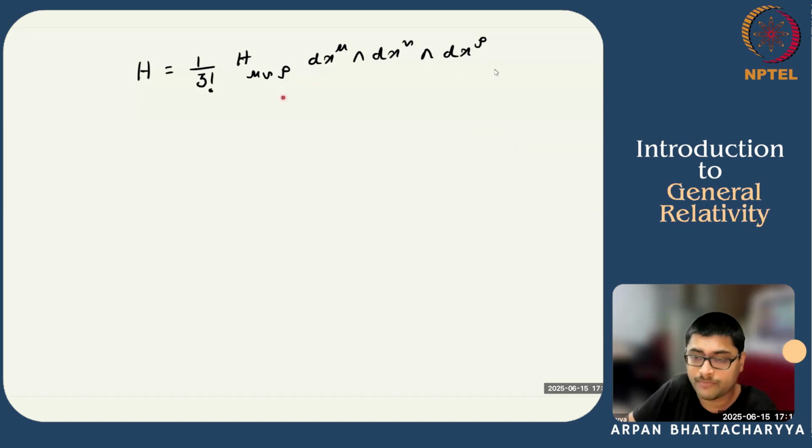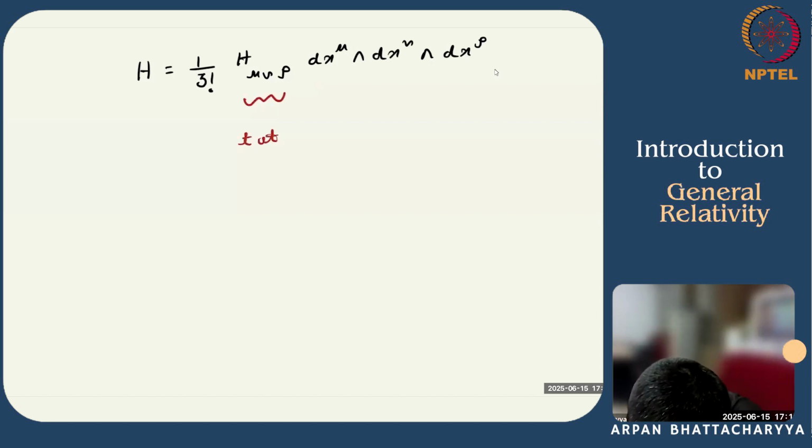Because if there is a symmetric part, it will just not contribute. Symmetric times antisymmetric part with all the indices contracted vanishes. You know it from elementary matrix multiplications. So this is totally antisymmetric.